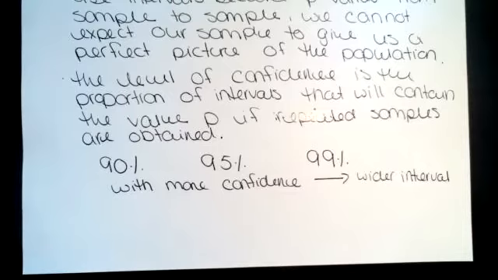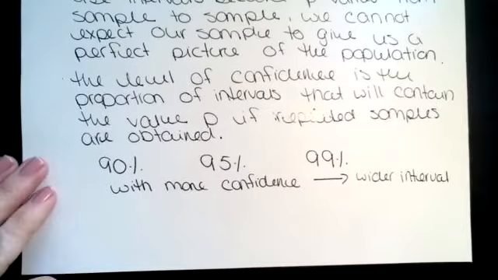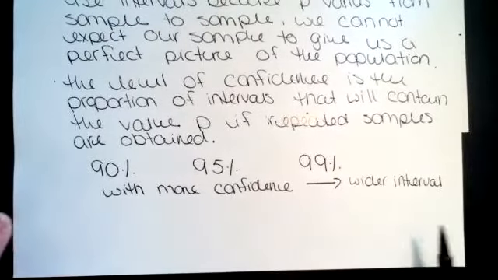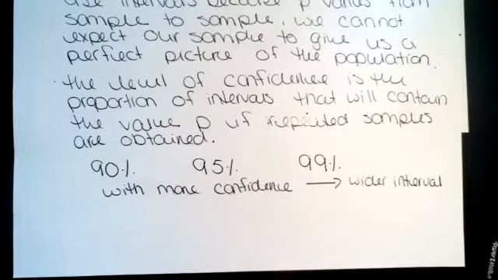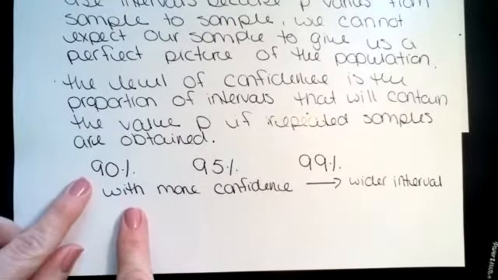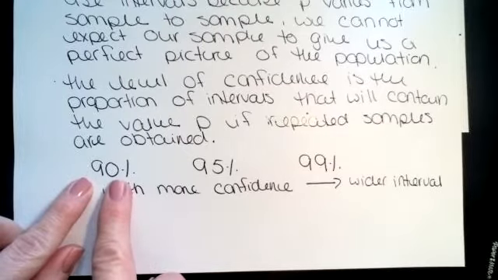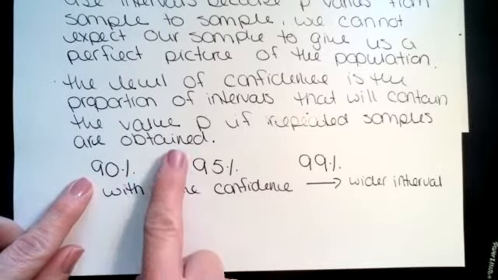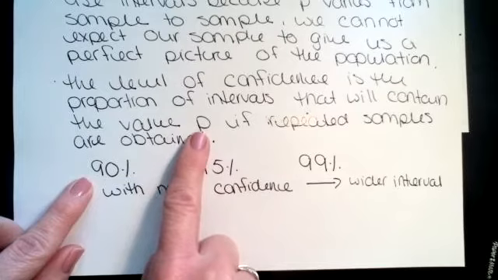All right. I want you to think about these confidence levels, and I don't want you to say it's a probability. If I build 100 confidence intervals at the 90% level, then 90 out of those 100 confidence intervals will include my value p, my population proportion.